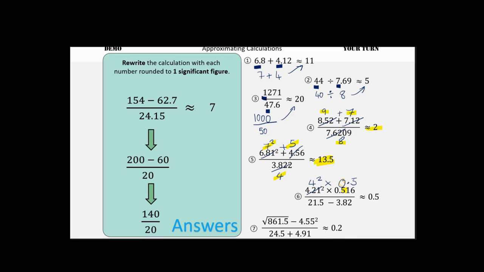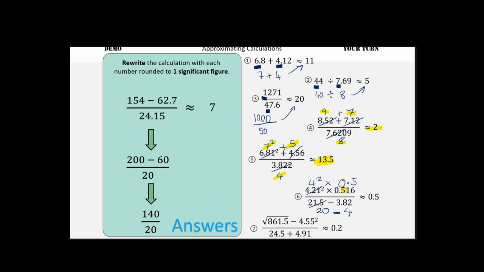And on the bottom I've got 21.5, so that's rounded to the nearest 20. Take away 3.82, so rounded to the nearest unit, that's 4.